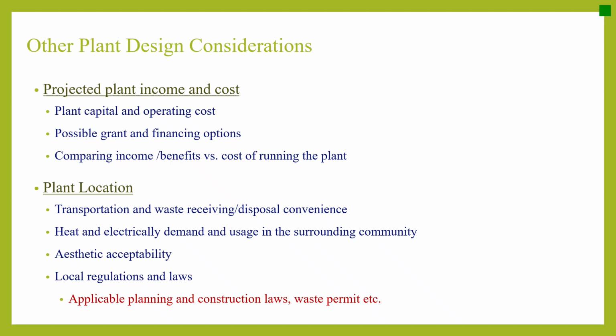And local regulations and laws should also be followed, because if the local regulations and laws do not approve, then the plant cannot be constructed there. That's why applicable planning and construction laws, waste permit, and all those supplementary laws should be discussed before choosing a location.